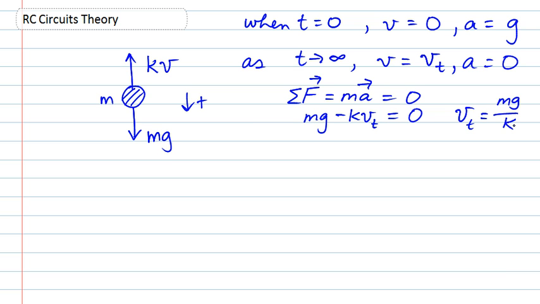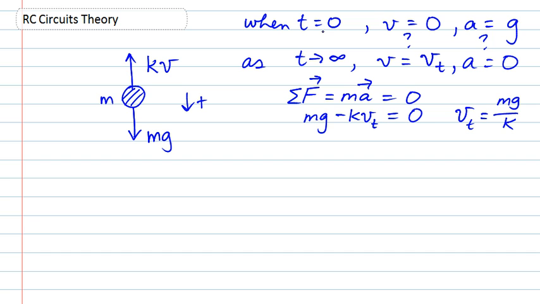Okay, so then we can look at this at all times. What happens in between? What happens to the acceleration and the velocity and the position, for that matter, in between these two extremes, these boundary conditions, if you will?